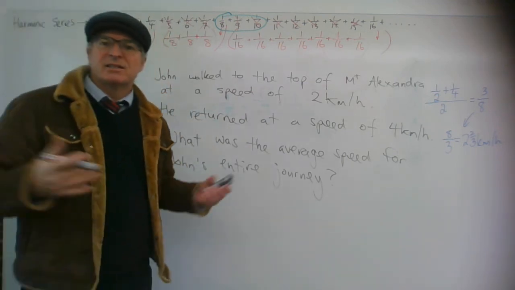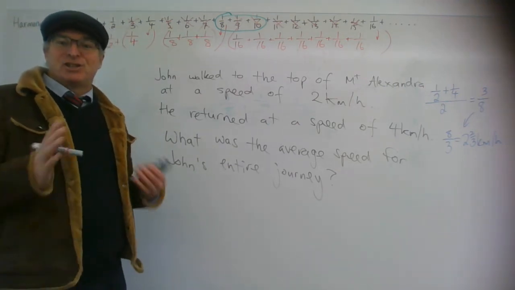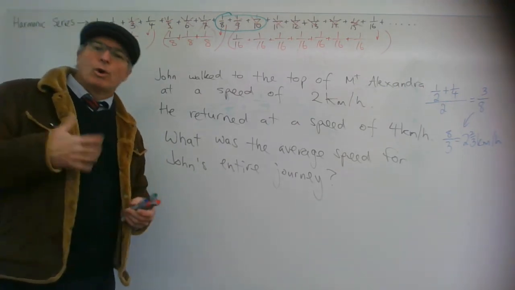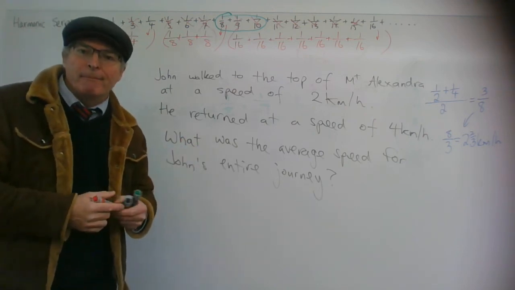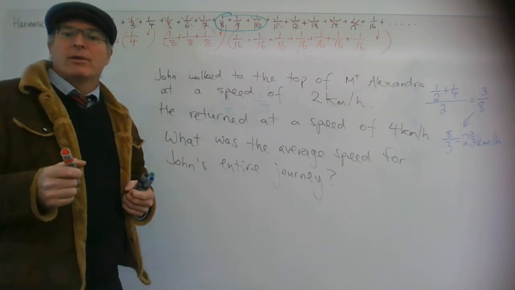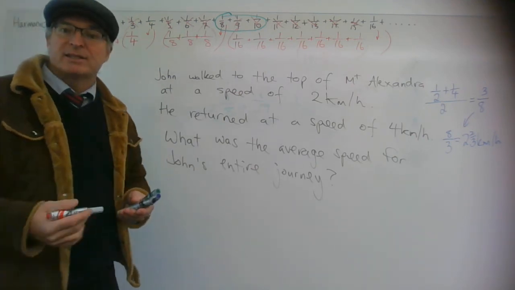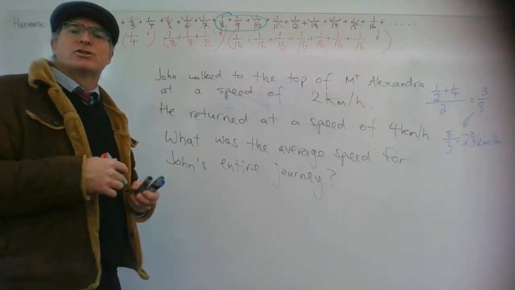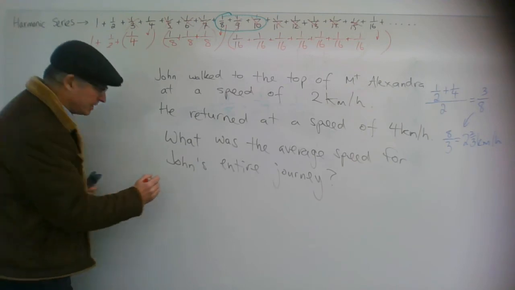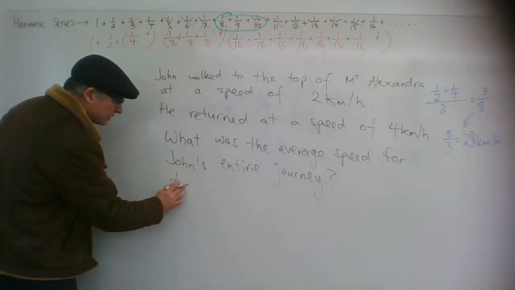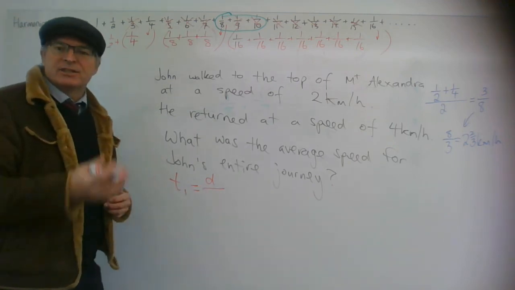You could have let the distance to the top of Mount Alexandra be d, and work out the total distance travelled divided by the total time. We know that speed is distance on time, so time is distance on speed, right? The time to get to the top of Mount Alexandra, I'm going to call T1. T1 is equal to the distance divided by the speed going up.